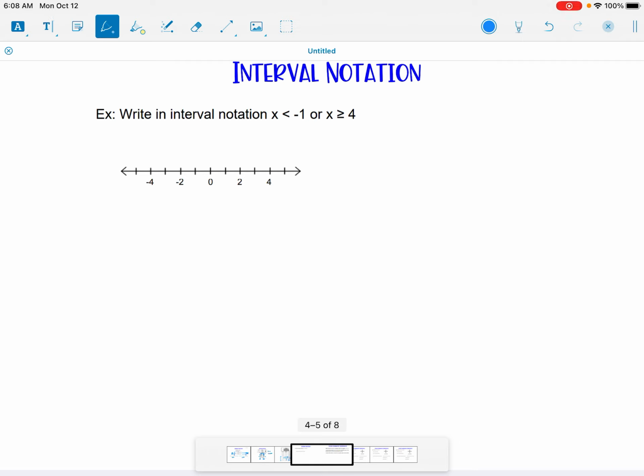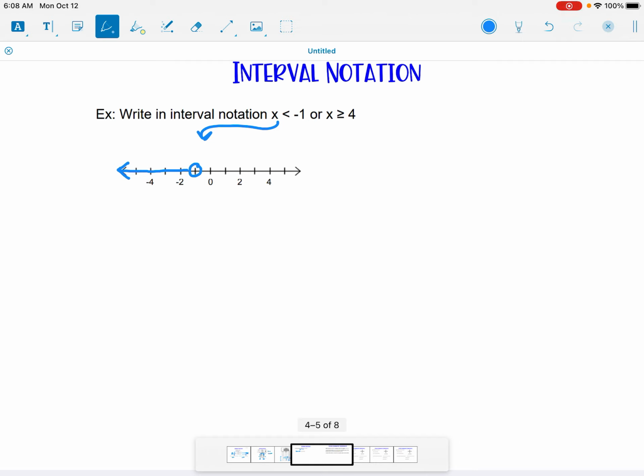If I go down to my number line, this would indicate an open circle at -1, and then less than would mean to the left. Notice what direction the inequality is pointing and my number line is pointing.